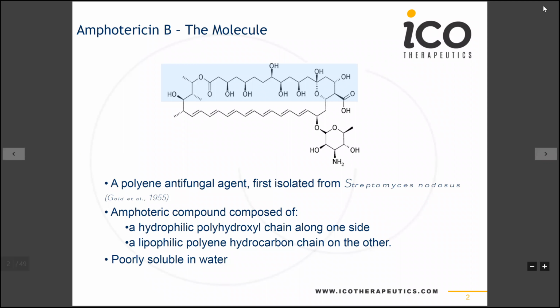So Amphotericin B is a polyene macrolide antibiotic used in the treatment of blood-borne fungal infections and parasitic infections like leishmaniasis. However, the drug is poorly water soluble. And in fact, there are a number of issues with Amphotericin B in that it's topically not stable. You have to give it intravenously. It's not cost effective.